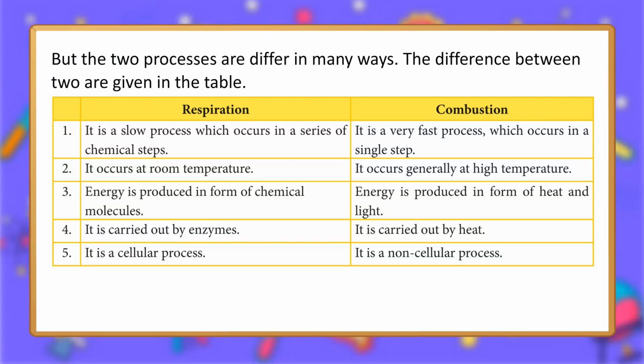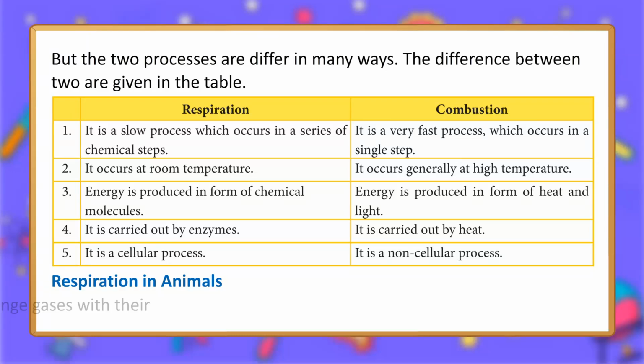In respiration, energy is produced in the form of chemical molecules. In combustion, energy is produced in the form of heat and light. 4. Respiration is carried out by enzymes. Combustion is carried out by heat. 5. Respiration is a cellular process. Combustion is a non-cellular process.